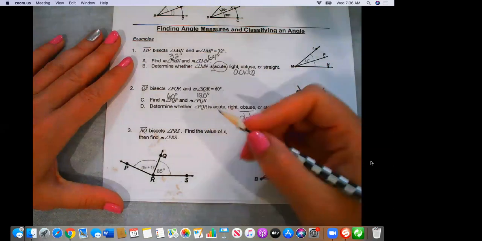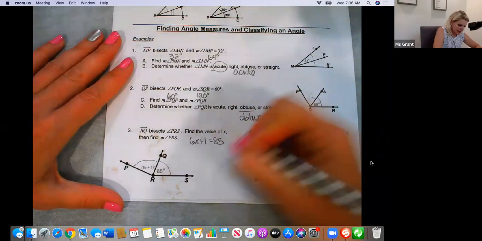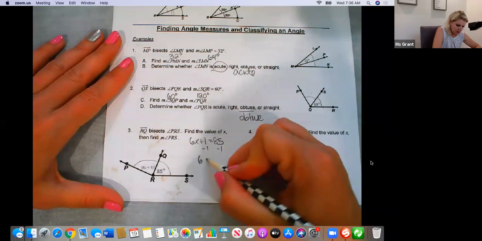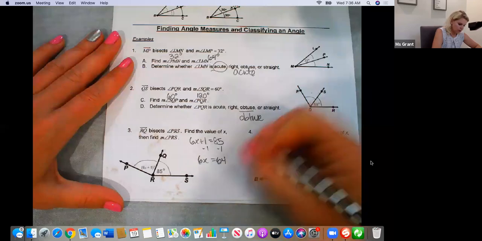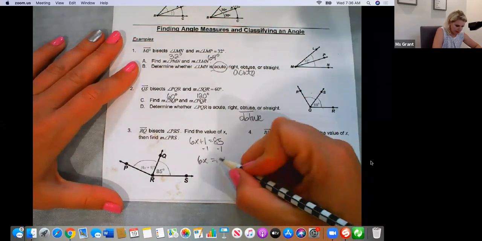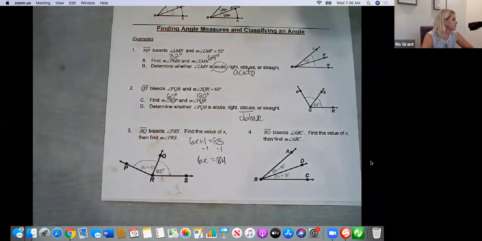It would be 6x plus 1 equals 80. It sure is. So solve. This stuff's easy. I'm expecting that you're super good at algebra, everybody. Okay. And then 6x equals 84.